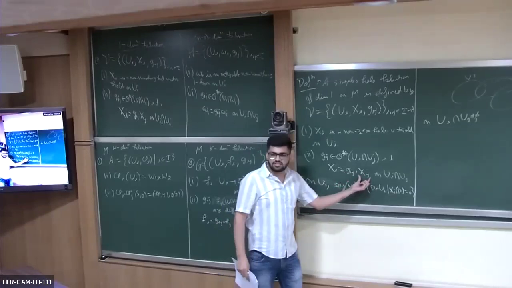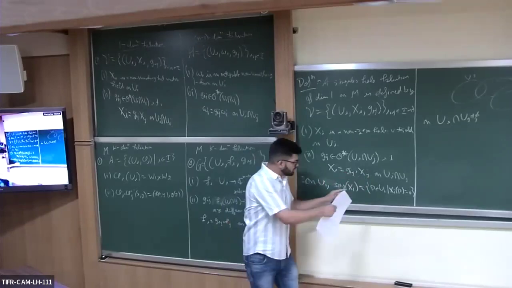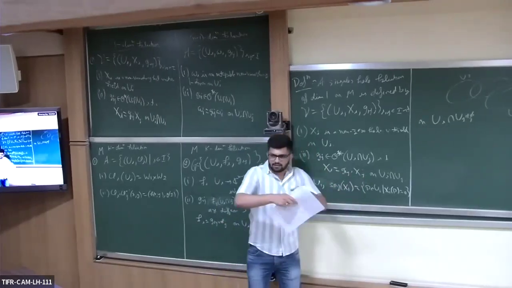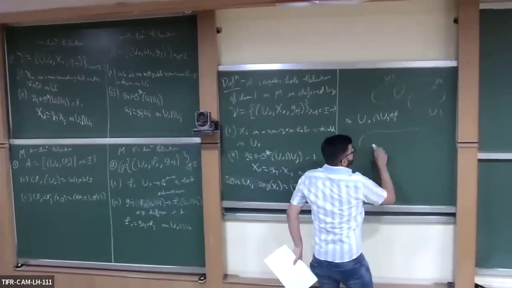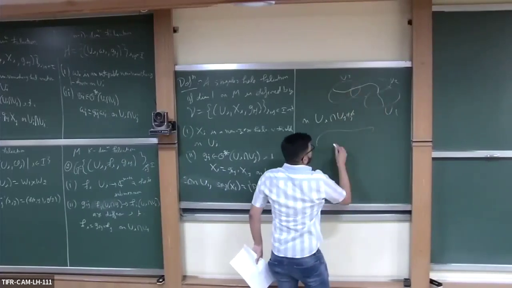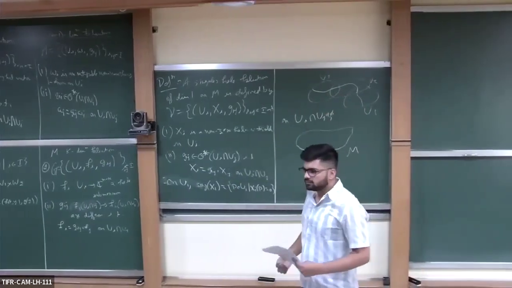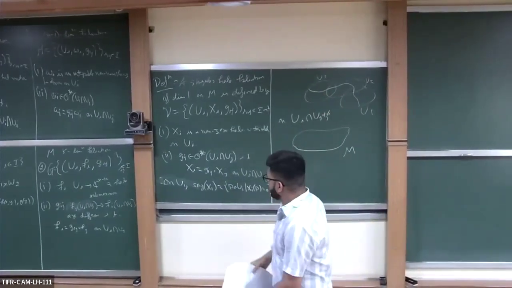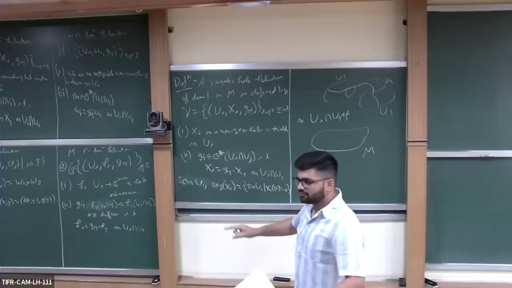If Xi is 0 at some point, then Xj is 0 as well. So these local analytic sets patch up. Sorry, Xi is 0. Xj need not be 0, right? Because Gij could be 0. No, but then I have Gji. Ah, you have it for all. Yeah, I have.